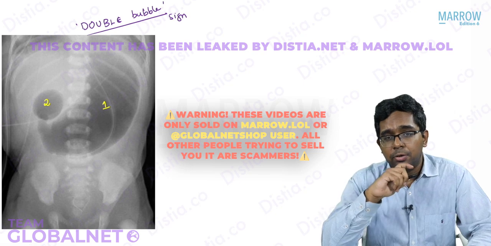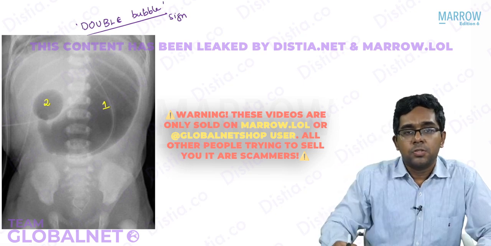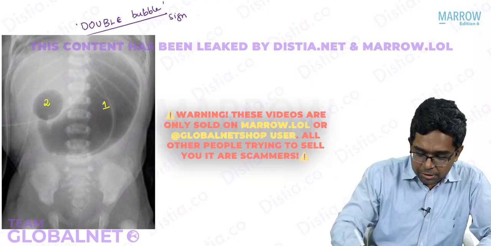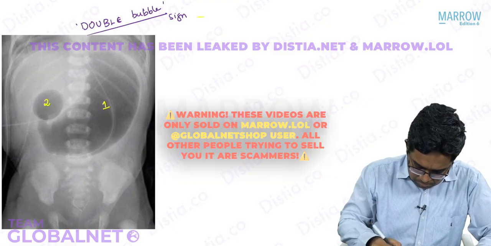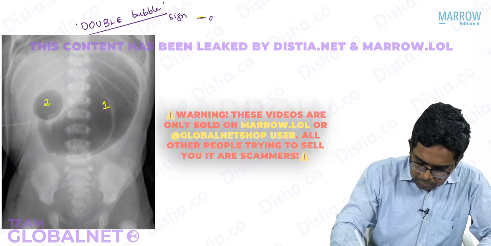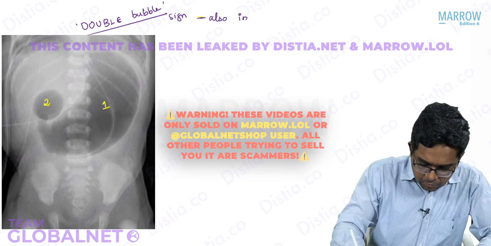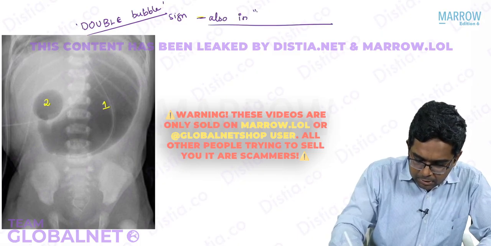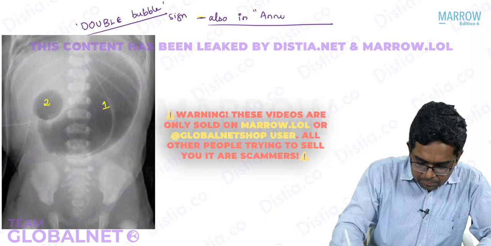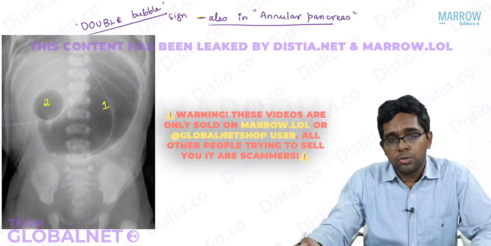Please remember this important point, that the double bubble sign is not only seen in case of duodenal atresia, it is also seen in conditions like annular pancreas. In annular pancreas also, what happens?